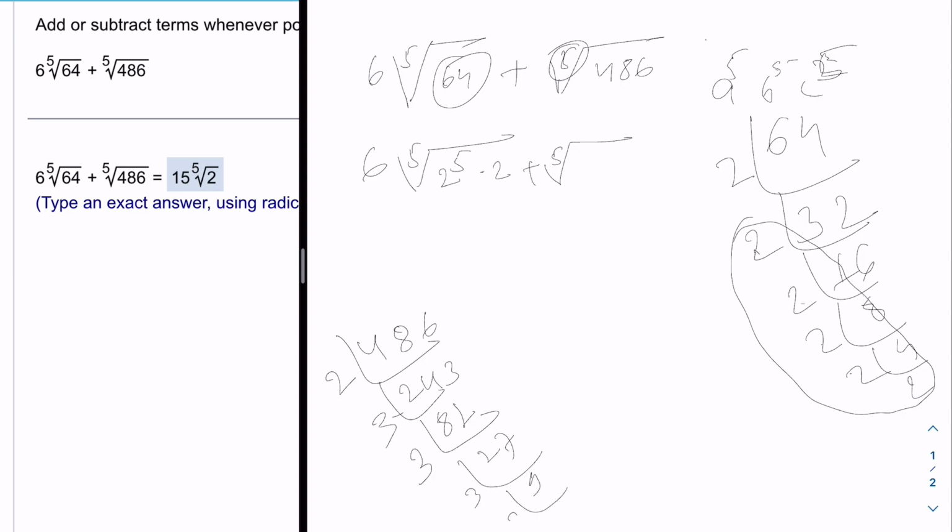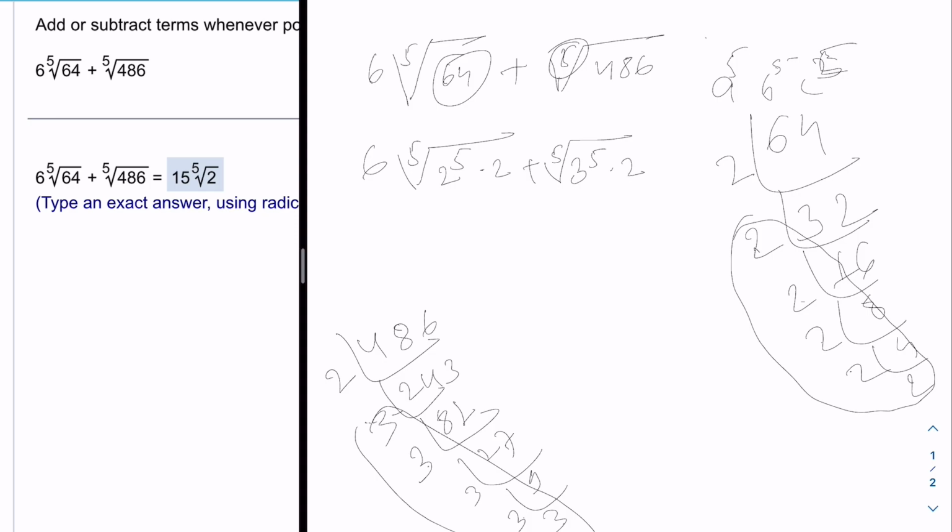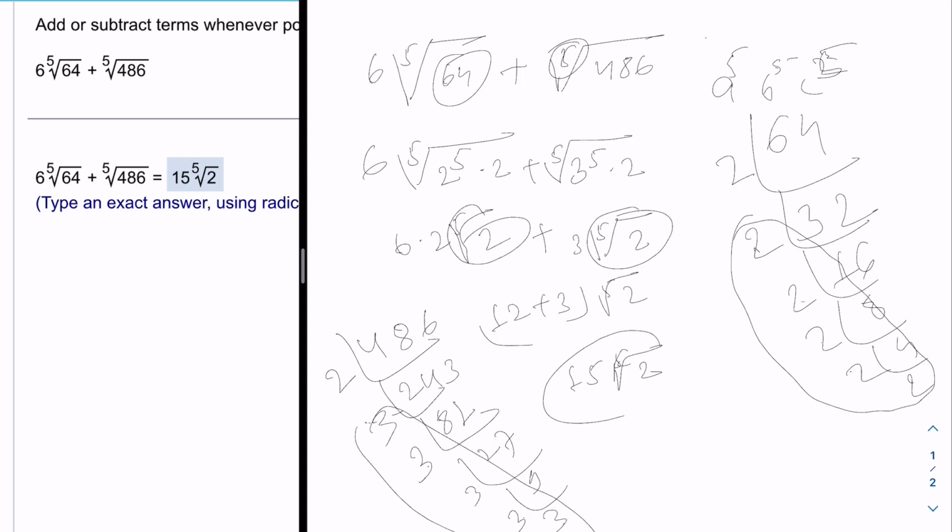Then 3 nines are 27, 3 threes are 9, 3 ones are 3, 1, 2, 3, 4, 5, 5. So 3 to the 5, into 2. Okay, now 6 into the fifth root of 2, and 3 into the fifth root of 2. Look, we have like terms now. 6 plus 3 is 9 times the fifth root of 2. The fifth root of this is the answer.